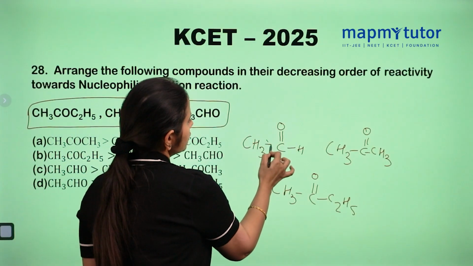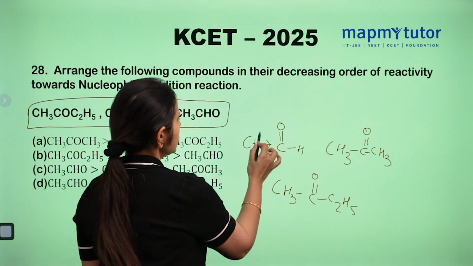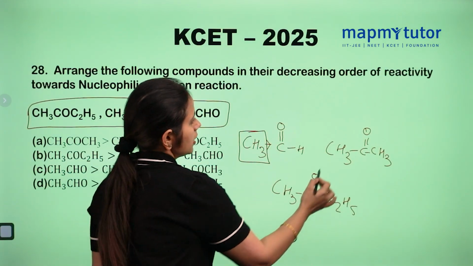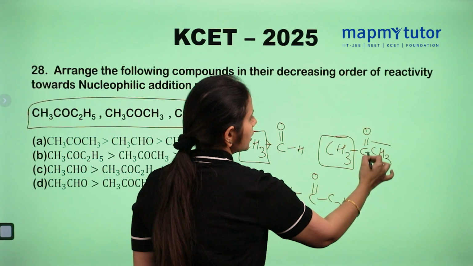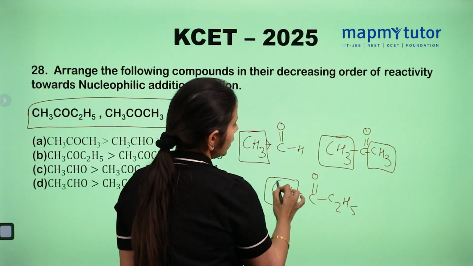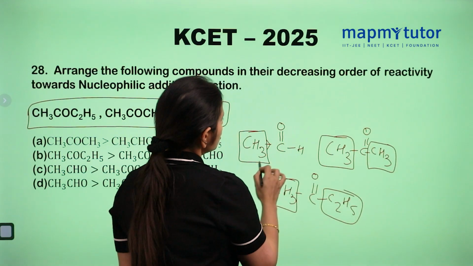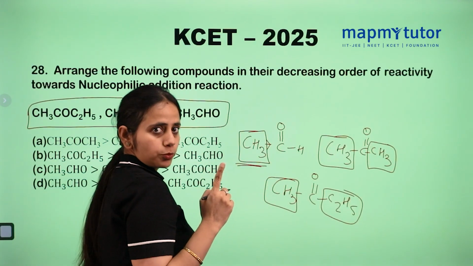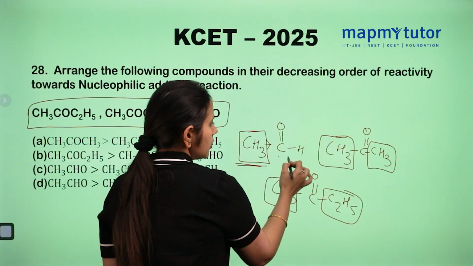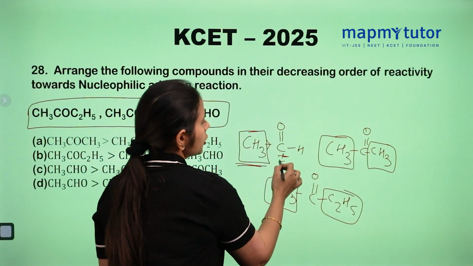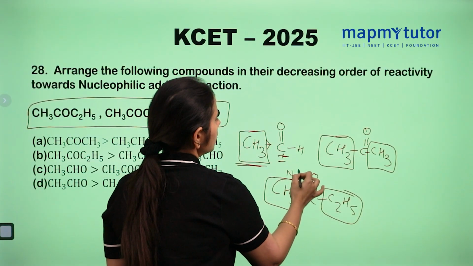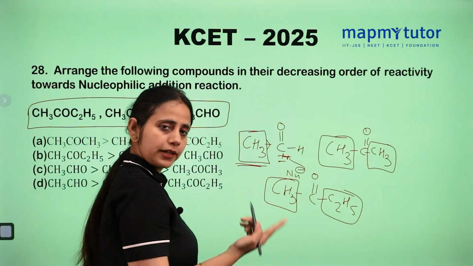In CH3CHO, there is only one donor. CH3 is an electron donating group. In the others, 2 electron donating groups are there. So out of these 3, this carbon is the most electron deficient, so the nucleophile will attack here first.